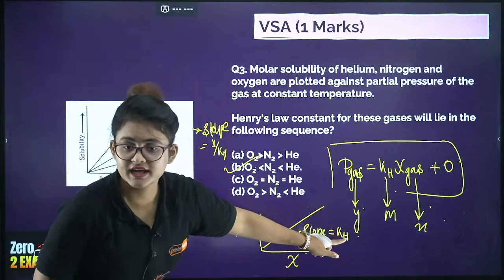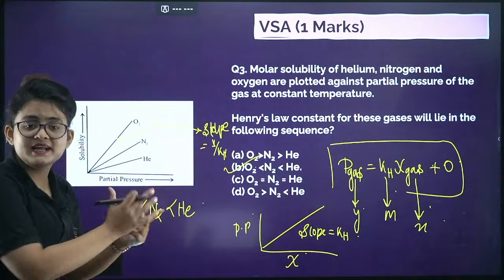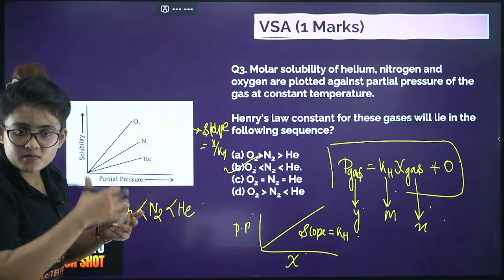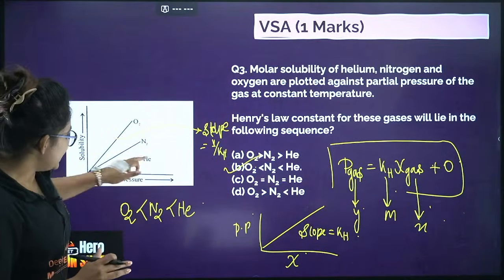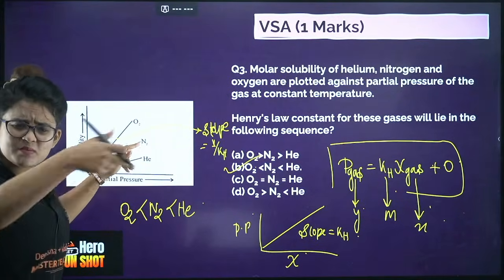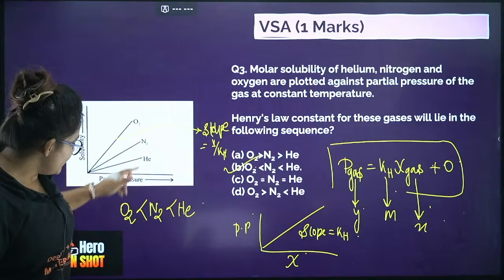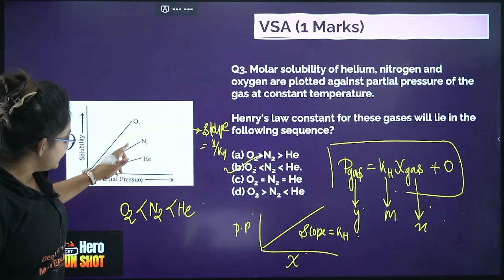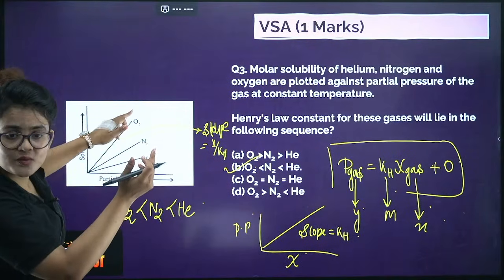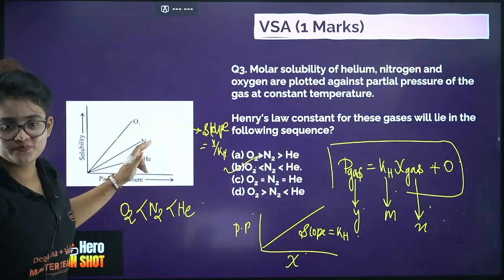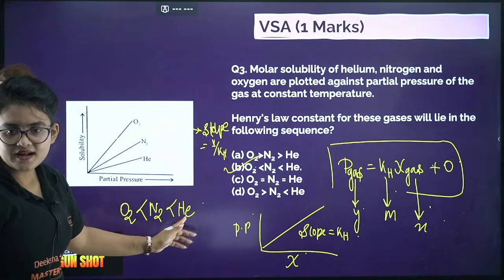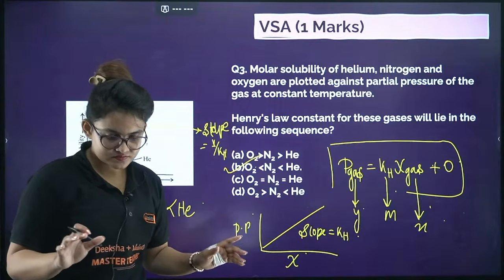Initially the slope was only KH, but now that the axes are interchanged, the slope will be 1 by KH. KH is maximum for O2, but 1 by KH will be minimum for O2, right? Then look at the N2, look at the slope. KH is maximum for O2, but 1 by KH is minimum for O2, then N2, then HE, right? I guess you understood this.